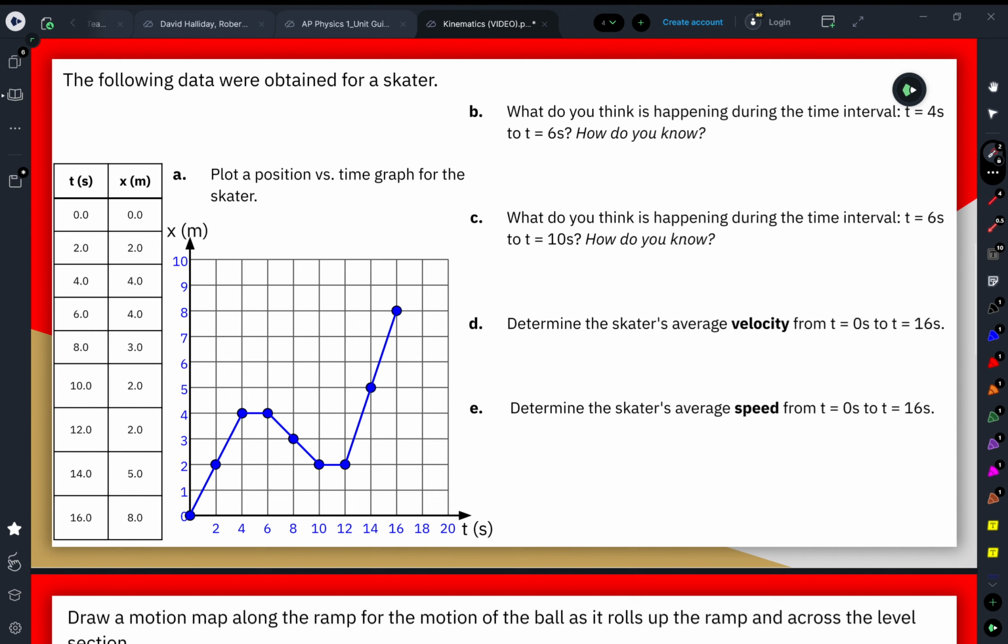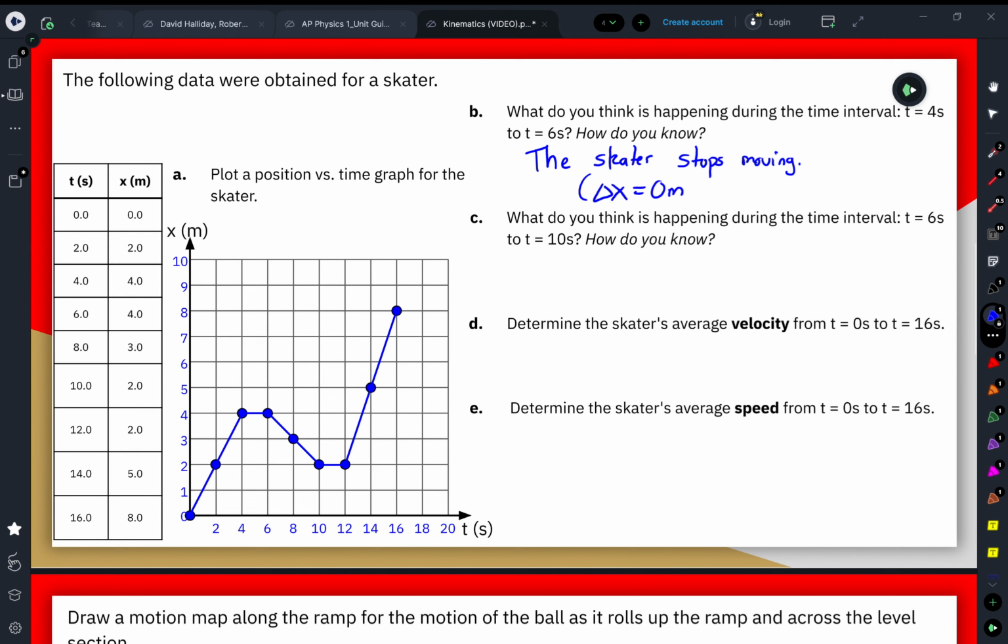So, for part B, what do you think is happening during the time interval t equals 4 seconds to t equals 6 seconds? Realistically, we can just go with the straightforward answer: the skater stops moving, because that is indeed what happens. What we can say in this region is our change in position is 0 meters.